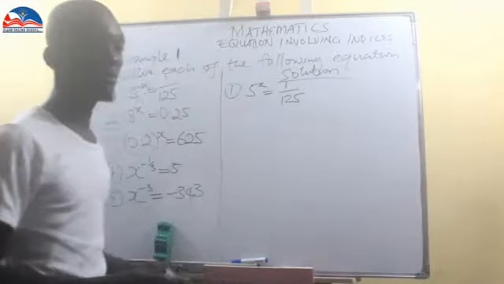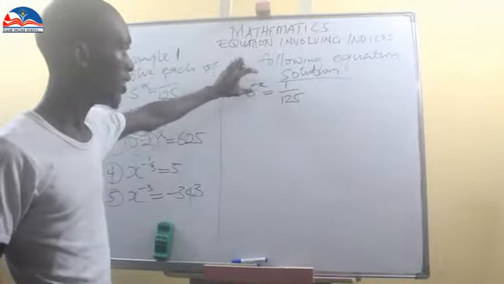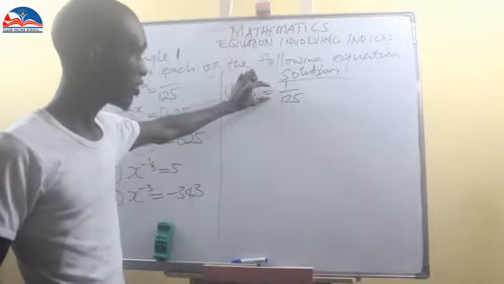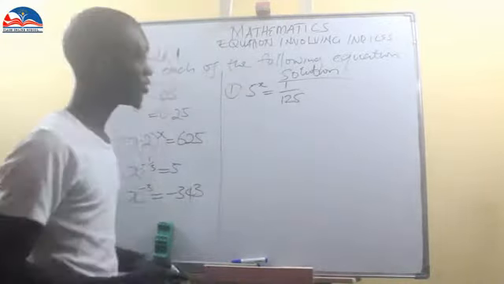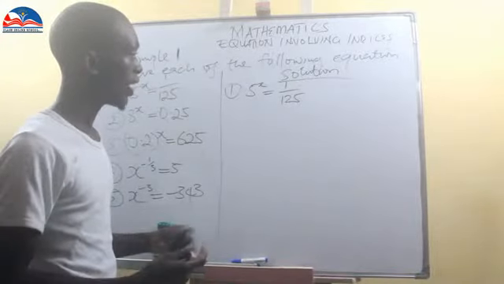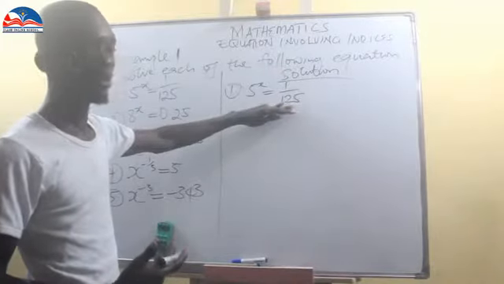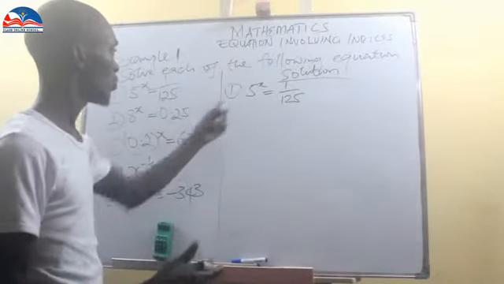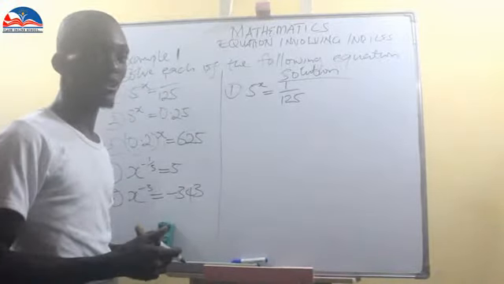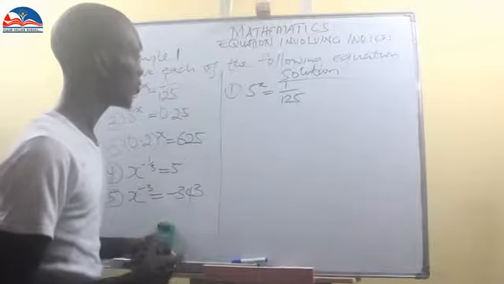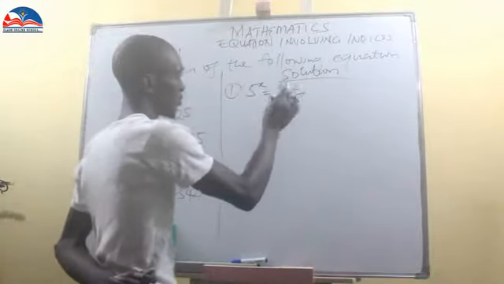When we look at this problem, you have the equation with 5 index x, and the first thing to do is, how can you put this number 125 in the same base as 5 index x, so that we have the same base. It's very, very important.